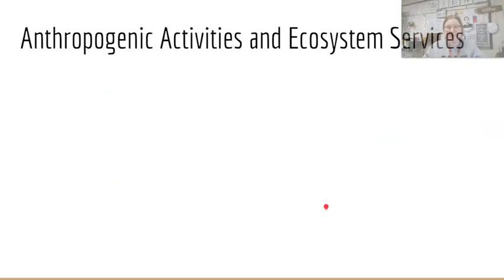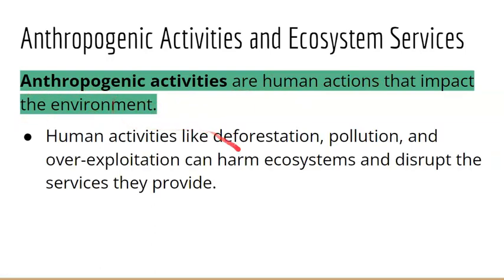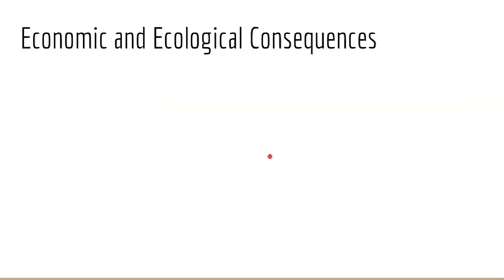So, anthropogenic activities and ecosystem services. Anthropogenic activities are any human actions that impact the environment. Anthropogenic means human. Anthro is anything that's human. Human activities like deforestation, pollution, and overexploitation can harm ecosystems and disrupt the services that they provide. Other examples could be pollution compromising regulating services and overfishing depleting fisheries.